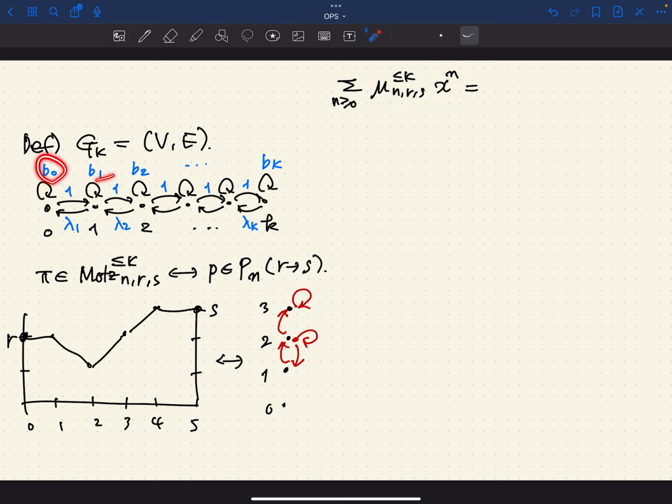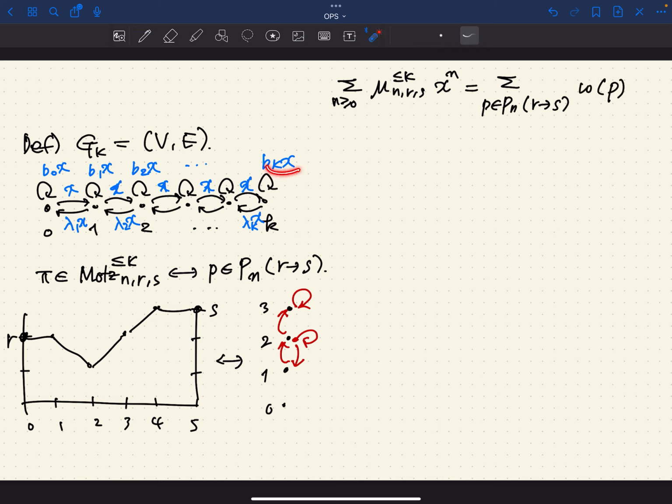So instead of having this weight, which will give us the exact weight of the Motzkin path, I'm going to modify the weight and multiply x everywhere, so that it has the same weight, x, x, x, like this. Then this is really the generating function for all paths P of length n from r to s, the weight of P.